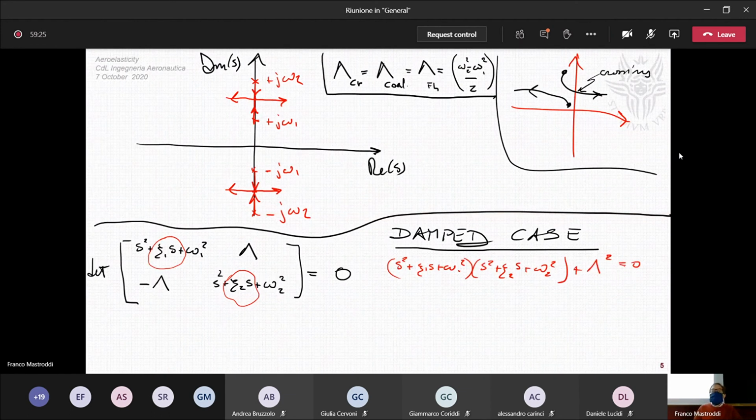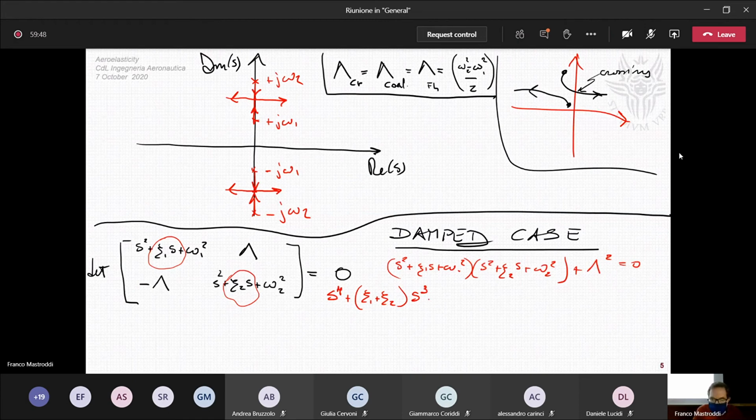Okay? We can develop this fourth order equation, and we have s to the power 4. We have also a third order term given by zeta 1 plus zeta 2, as you can see easily developing this product. So we have s cubed here.